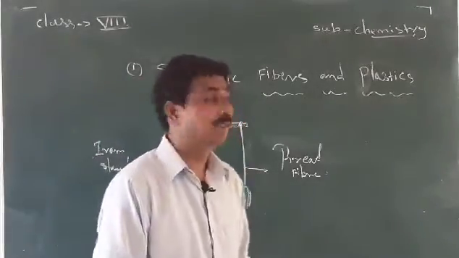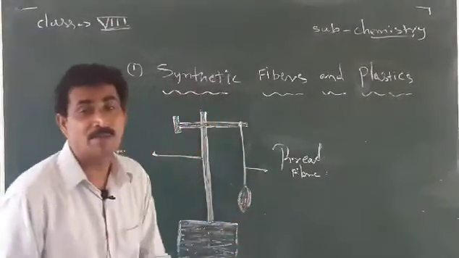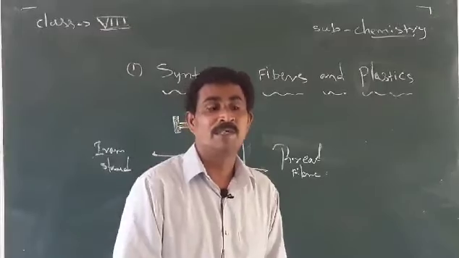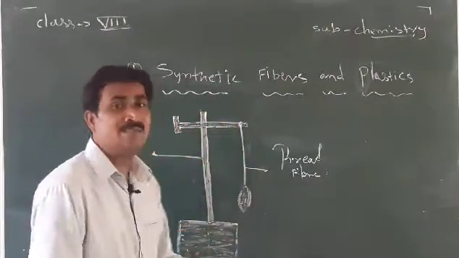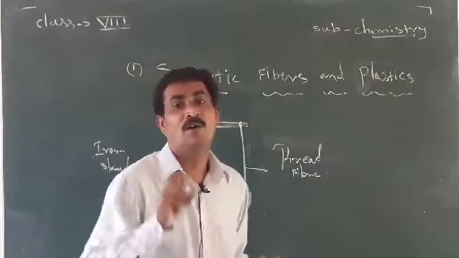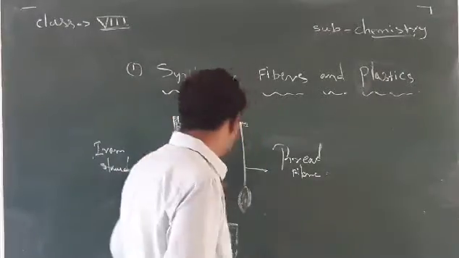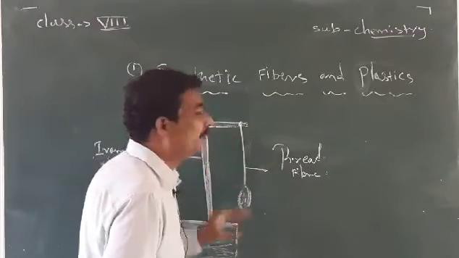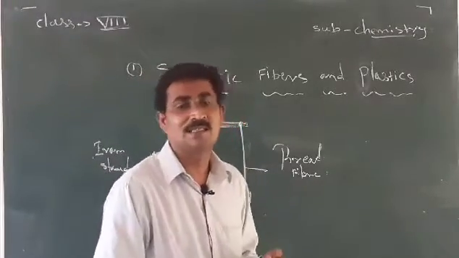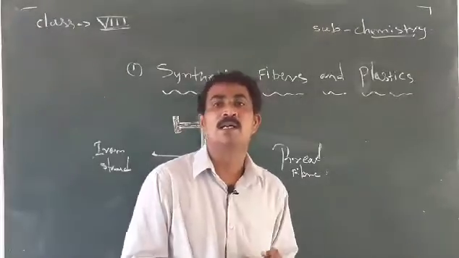So we have completed what material is required for this activity. Now, how do we do the procedure and the arrangement? Suppose this is one iron stand, and on that iron stand we adjust different types of fiber threads: silk, cotton, wool, nylon.